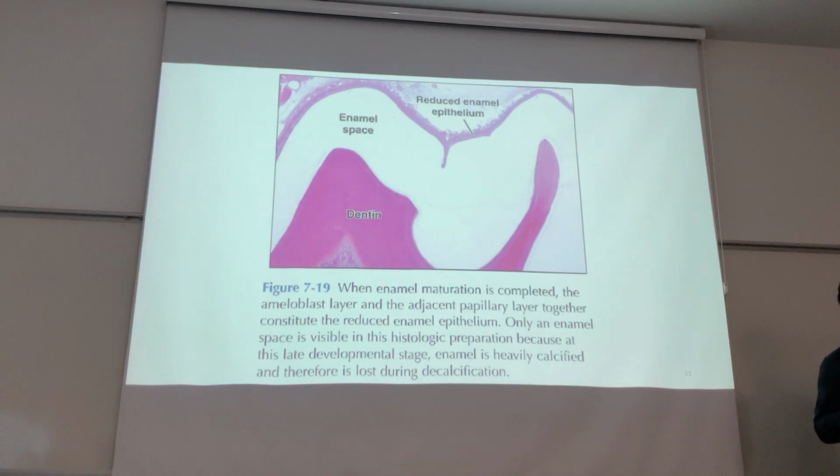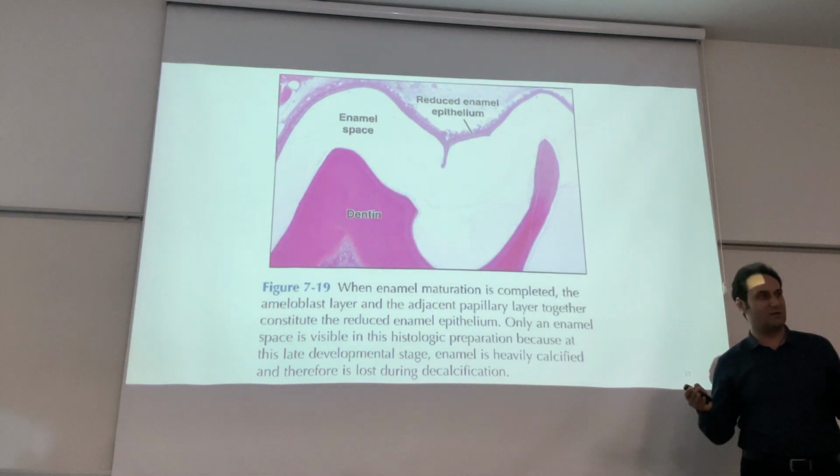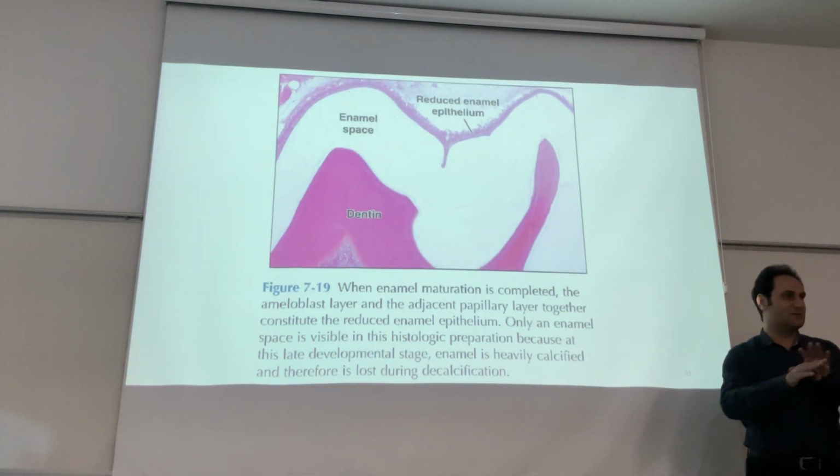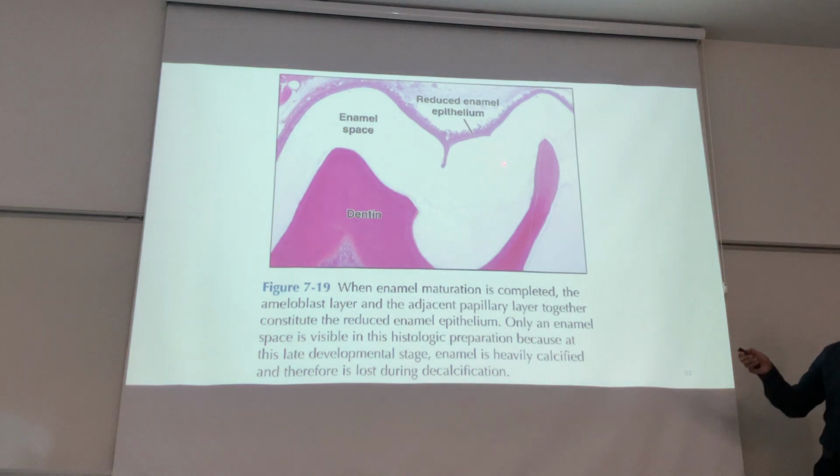So we need to demineralize these structures. After demineralization, because our enamel has at least 92 to 94% minerals, those minerals disappear and we have only the space. Okay?